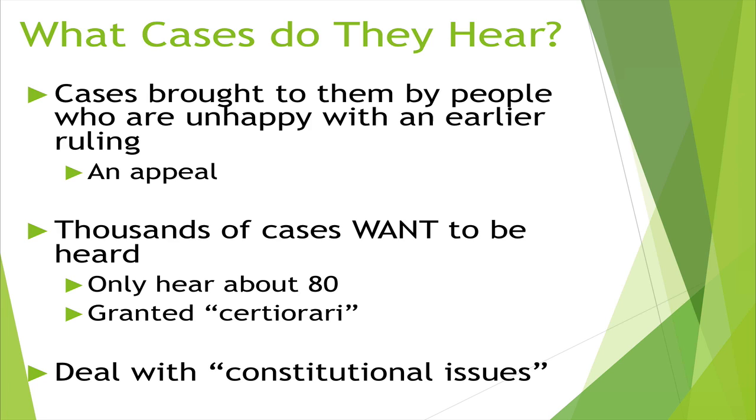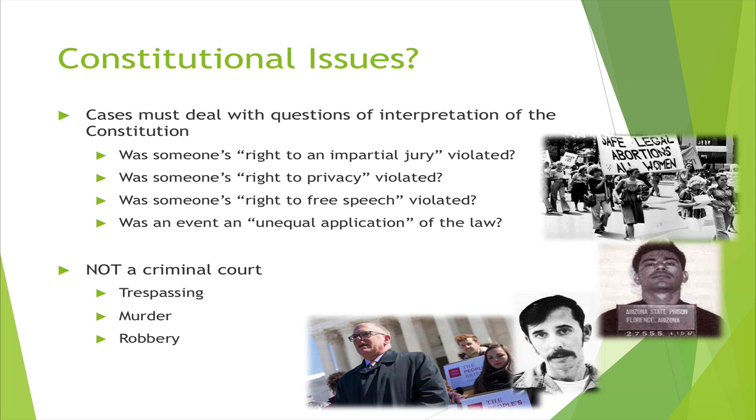Now, what's interesting about the Supreme Court cases is that these cases deal with constitutional level issues. They deal with cases that have a direct impact on the document of the Constitution, therefore the very fabric of our nation. So what do we mean by constitutional issues? That sounds very important, and it is. These are cases that have something to do with the Constitution and how that document should or should not be interpreted here in 2016. So these cases might ask the question, was someone's right to an impartial jury violated? That is a Sixth Amendment issue.